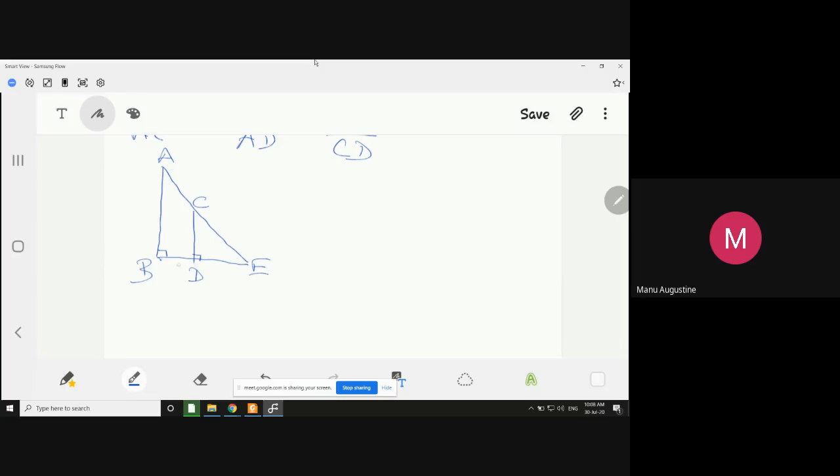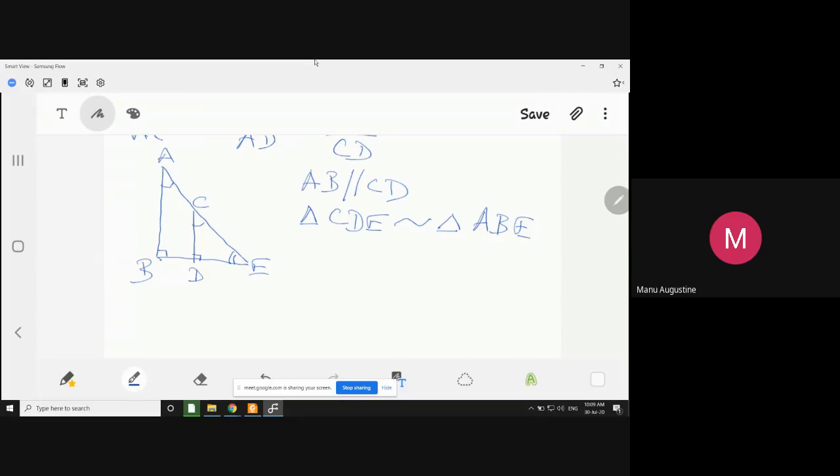If this is 90 and this is 90, there is no need to explain that line AB is parallel to line CD. Since these lines are parallel, we automatically have this angle equal to this angle. And this angle is common for both the triangles. So we can say that triangle CDE is similar to triangle ABE.